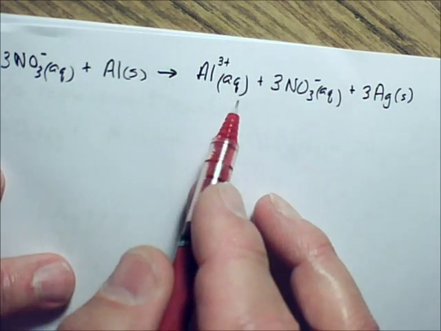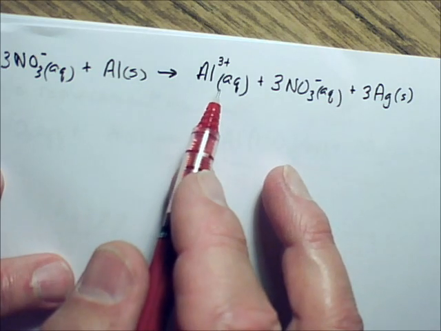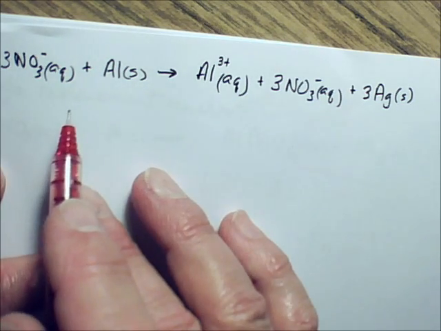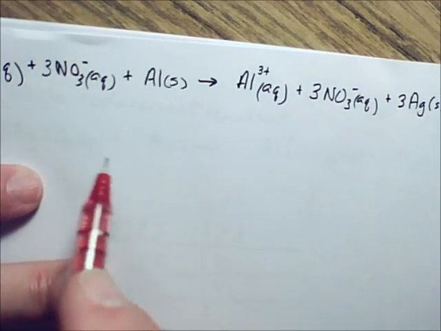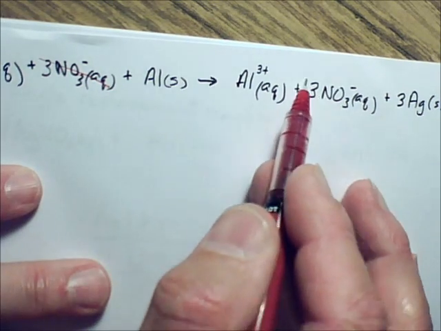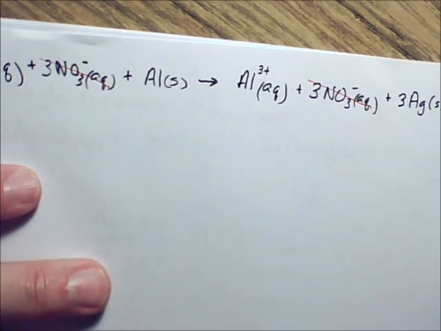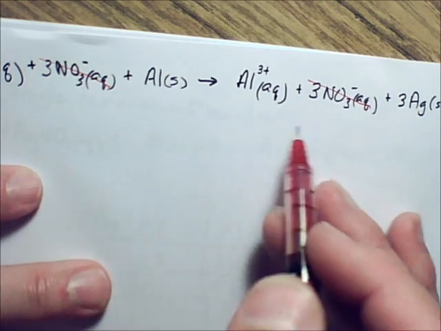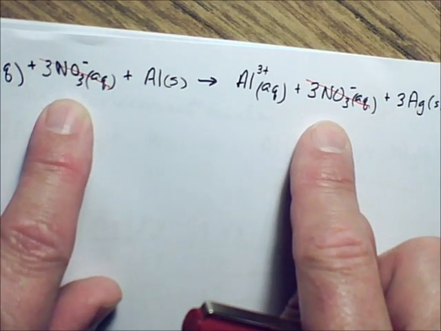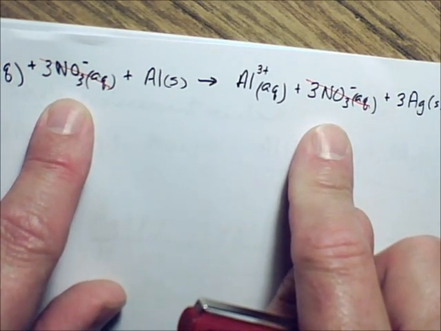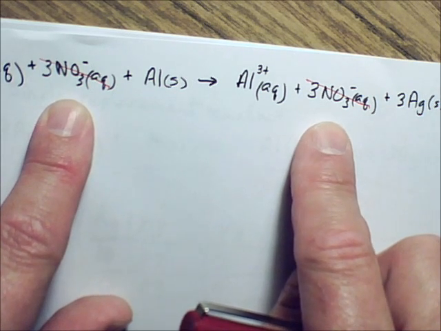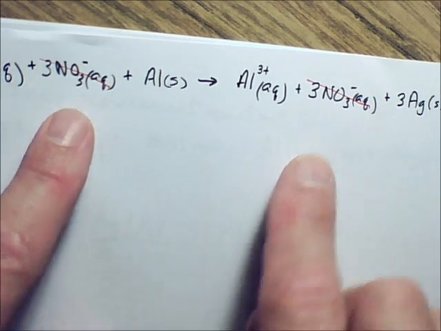This one has a charge on it and it's aqueous. Those are not the same. They have to be exactly the same. And the only thing that's exactly the same are these nitrates. Okay? The complete ionic equation includes those nitrates. They're called spectator ions. But the net ionic equation will take those out.